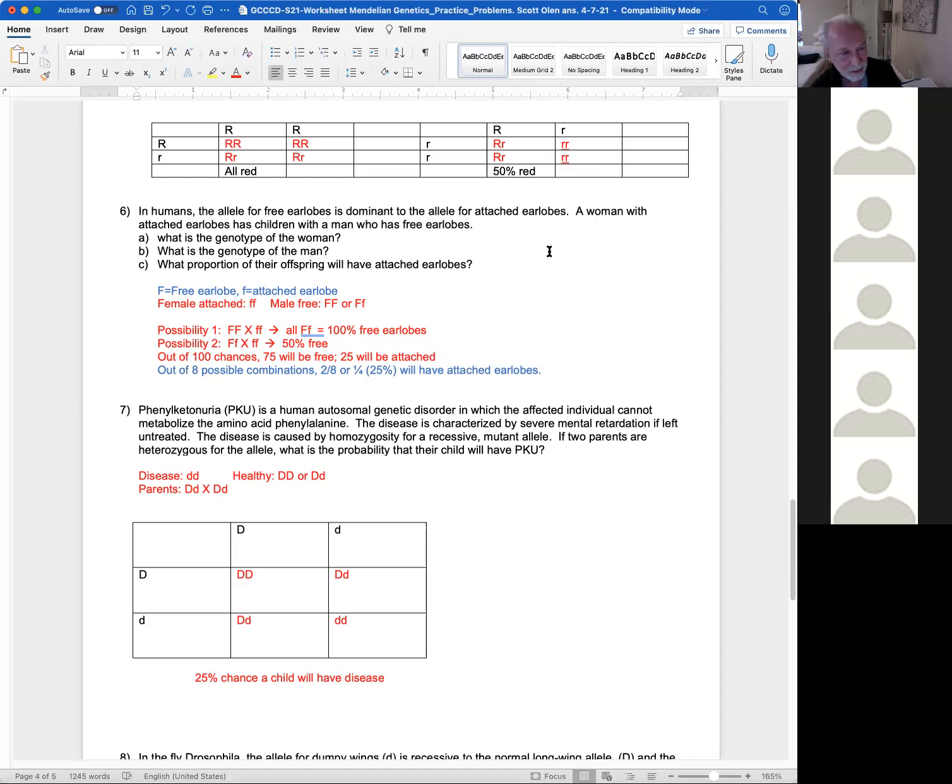Attached is recessive. Yeah, the small f's. Right. So the woman is genotypically little f, little f, if we have F for free. And the male then can be either big F, big F, or heterozygous.